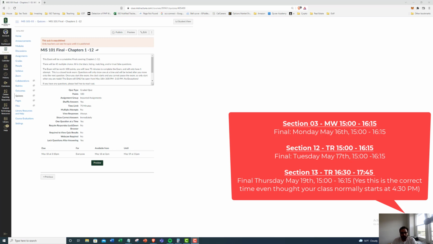This is a very precise date, and these dates are given by the school itself, so there's no overlap with any of your other classes. Everyone should be able to take the exam at the appropriate time.